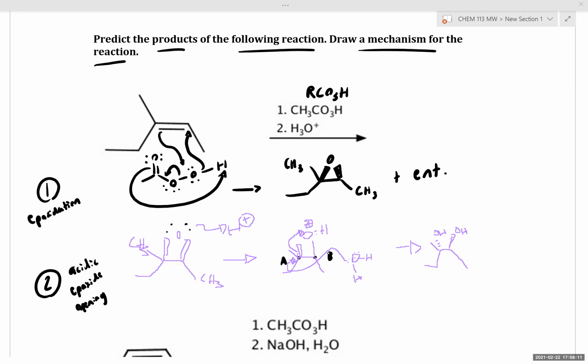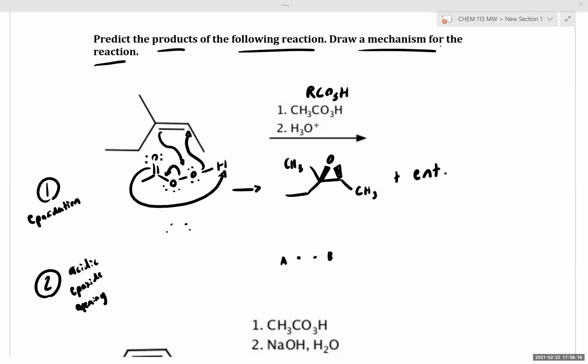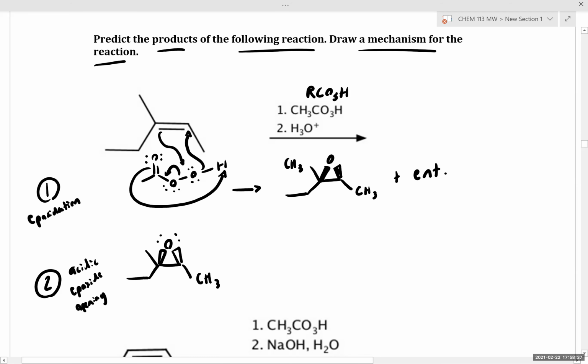Let me clear this and then we'll provide the instructor solution. One thing I'd like you to note is that I really encourage you, on a separate sheet of paper or whenever possible, to draw out the mechanisms, because in later chapters you're going to have to consider what happens when a reaction gives a new product that you may not necessarily have seen before, but you can understand the mechanism by breaking it down into fundamental steps.